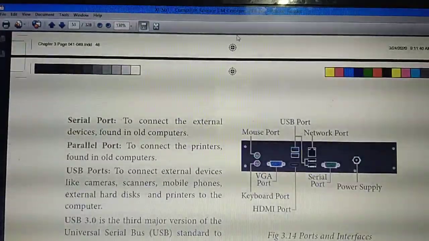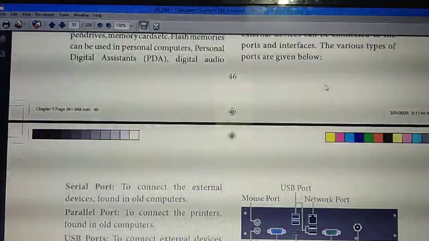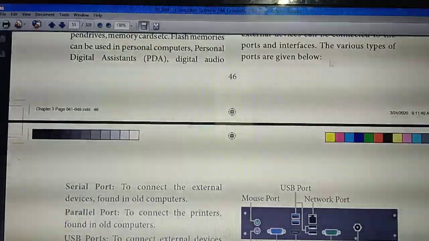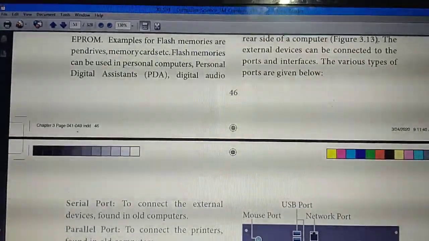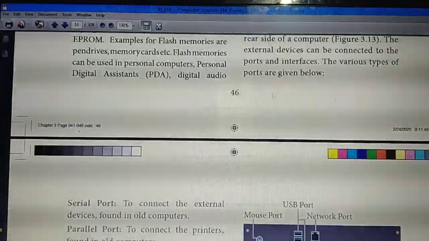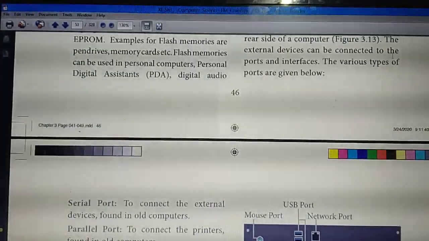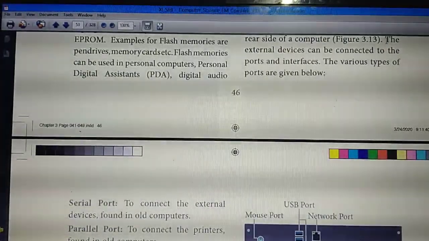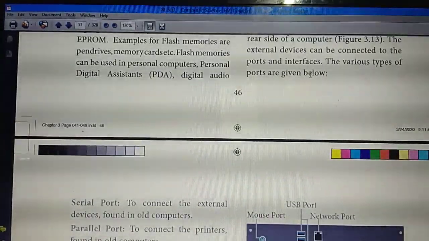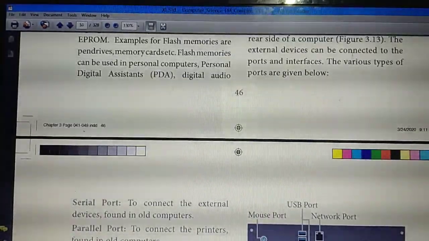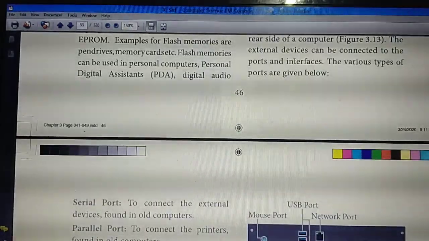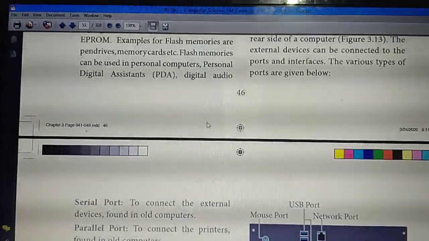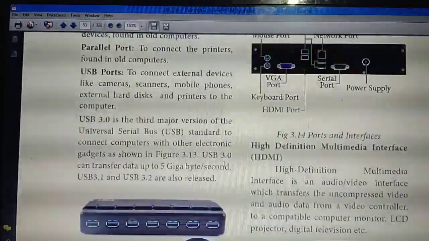Ports and interfaces, from here. On page 46, the external devices can be connected to the ports and interfaces, from here to where the various types of ports are given below.